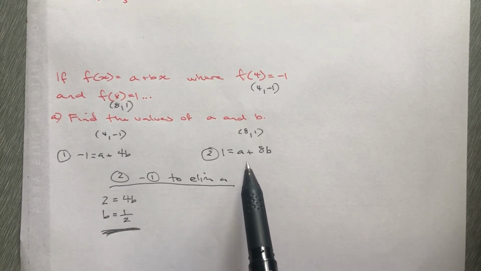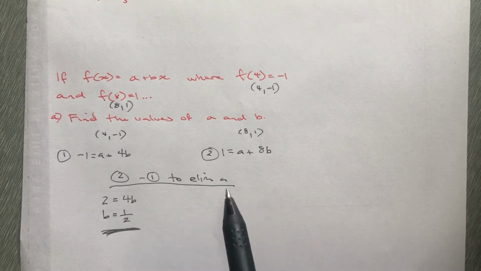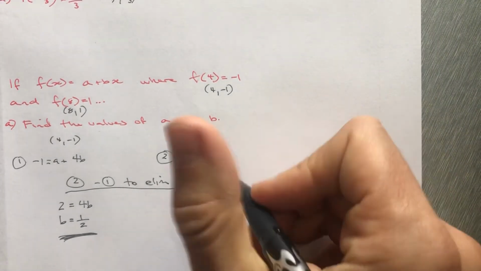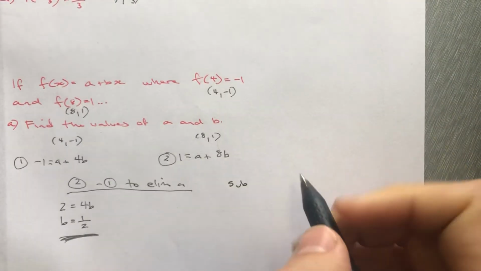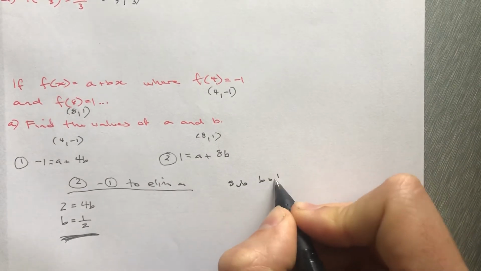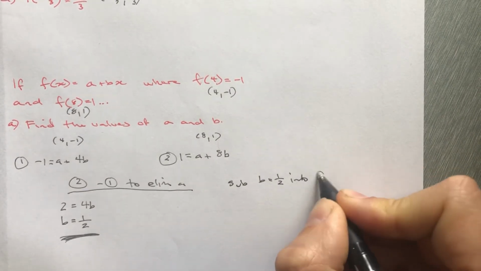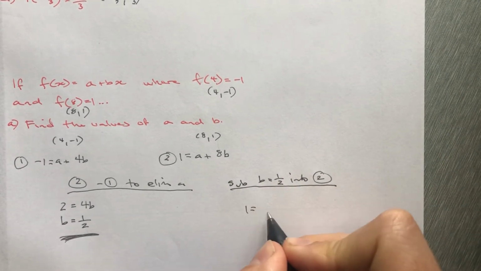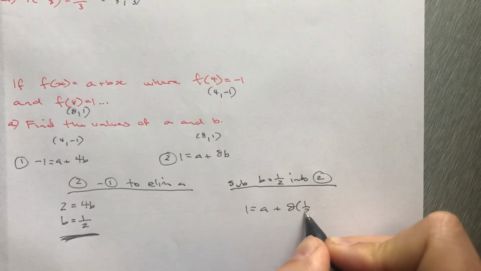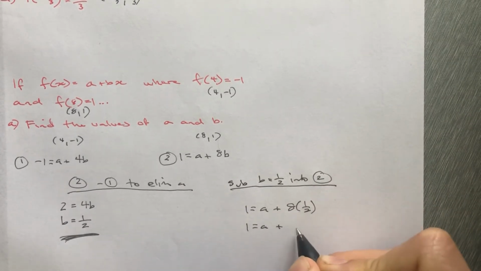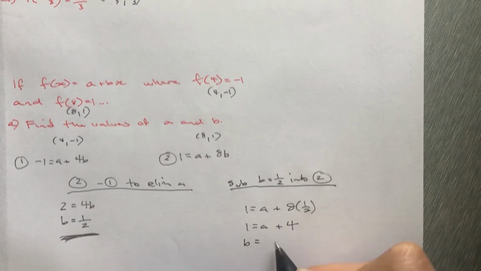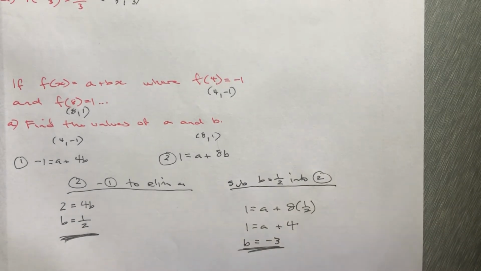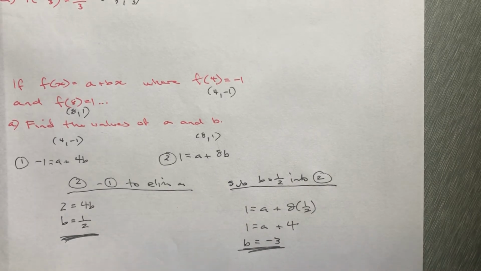As I said before, I like to work with positives, so I might substitute it into 2, but you get the same answer either way. And there we can see that b is -3. So there's that first one done.